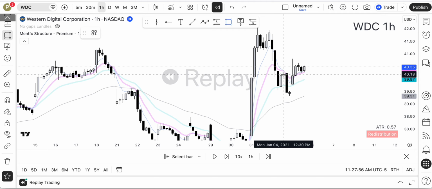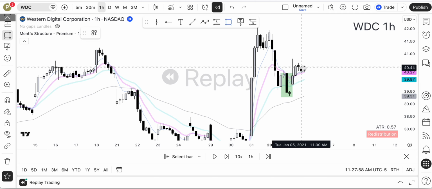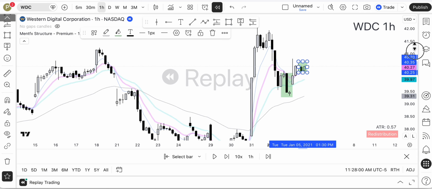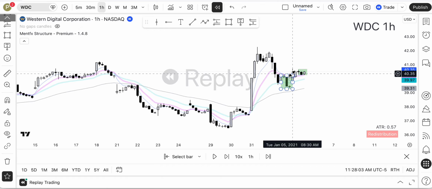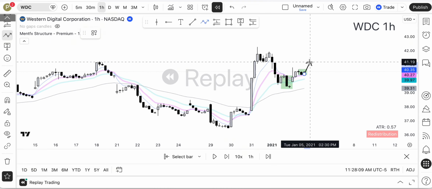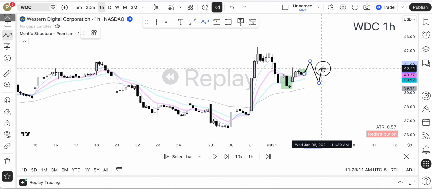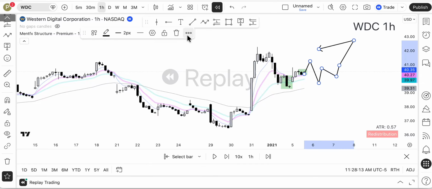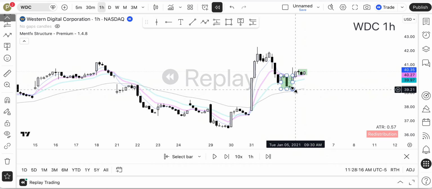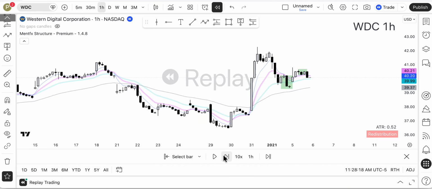This is a perfectly valid entry, but like I've said previously, when the candle is that small, it usually just goes right up and then stops you out and then goes. So if it goes, it's my loss. I'm not worried.